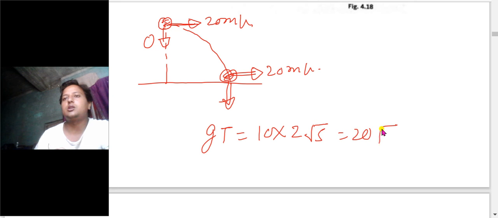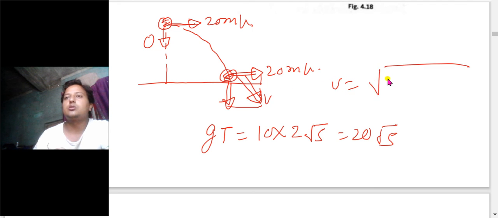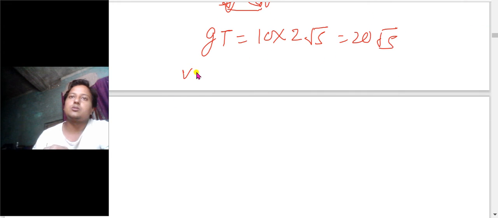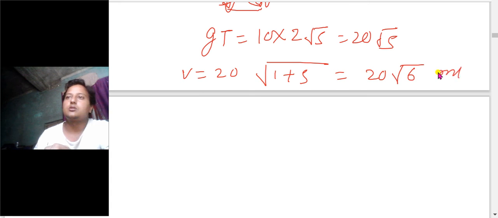So 20 under root 5. So V is the resultant of both. So V is under root of 20 square plus 20 under root 5 square. So speed of body is 20 under root of 1 plus 5, 20 under root 6 meter per second.